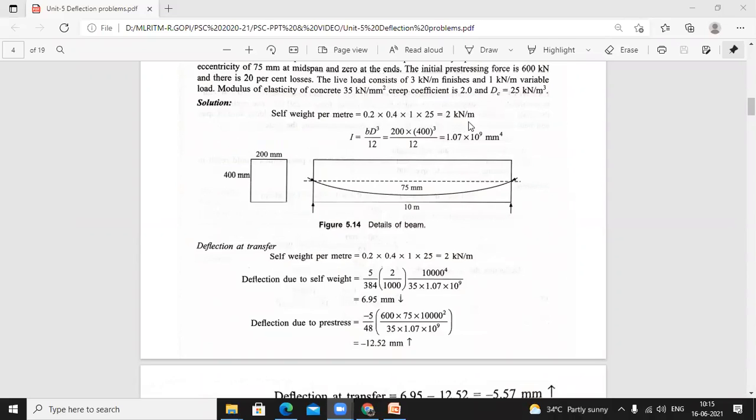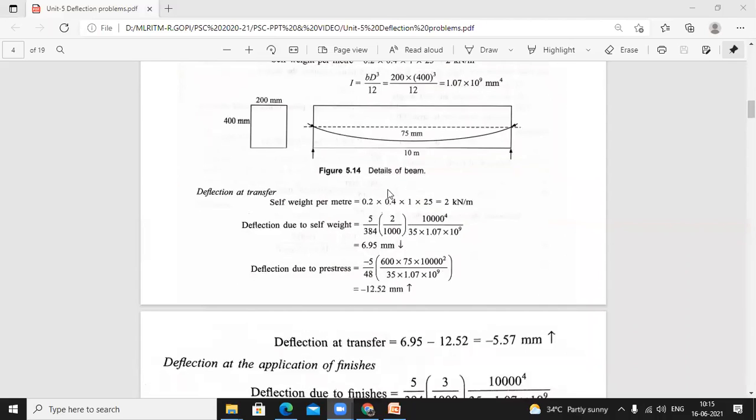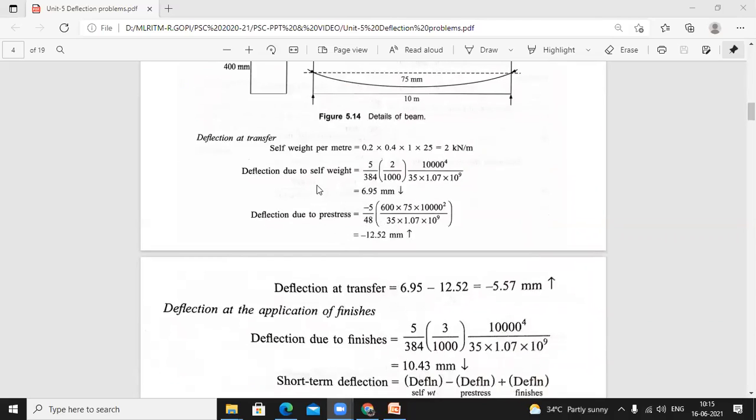This is the self-weight UDL load. Next, moment of inertia equal to BD cube by 12, so B is 200 into D is 400 cube divided by 12. Next, deflection after transfer. First, we have to consider self-weight.